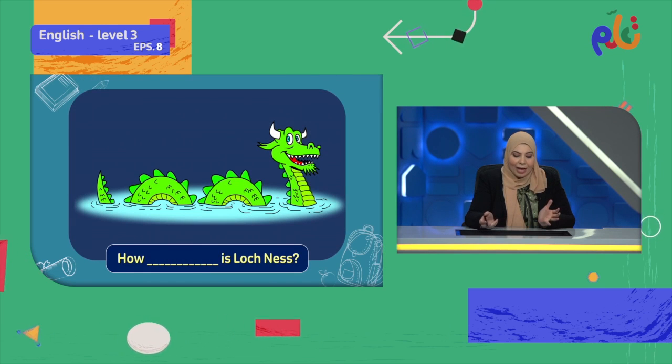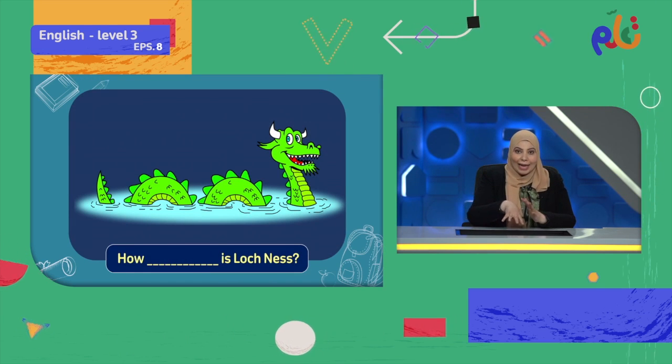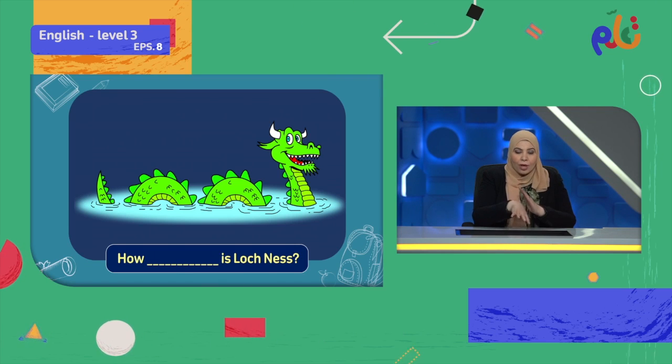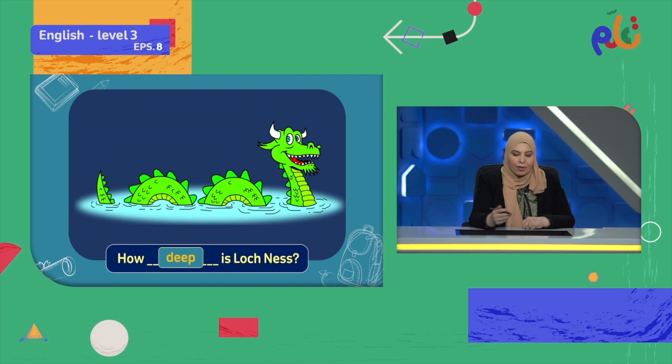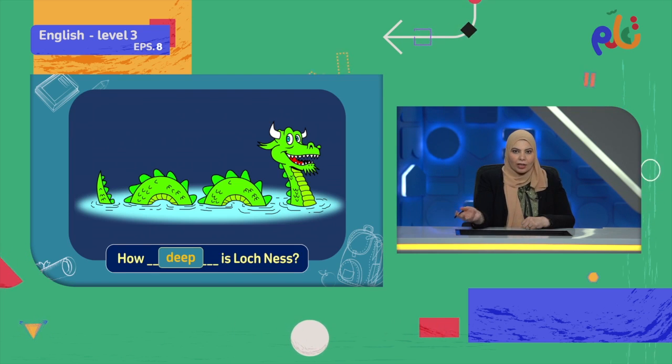And if I am asking about a lake and we want to know its depth, we can say how deep is Loch Ness.